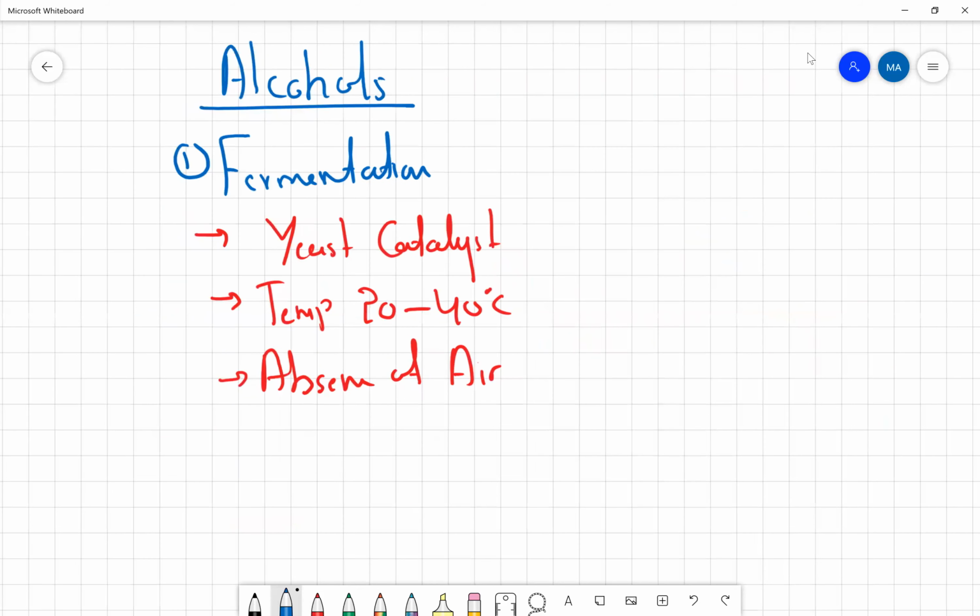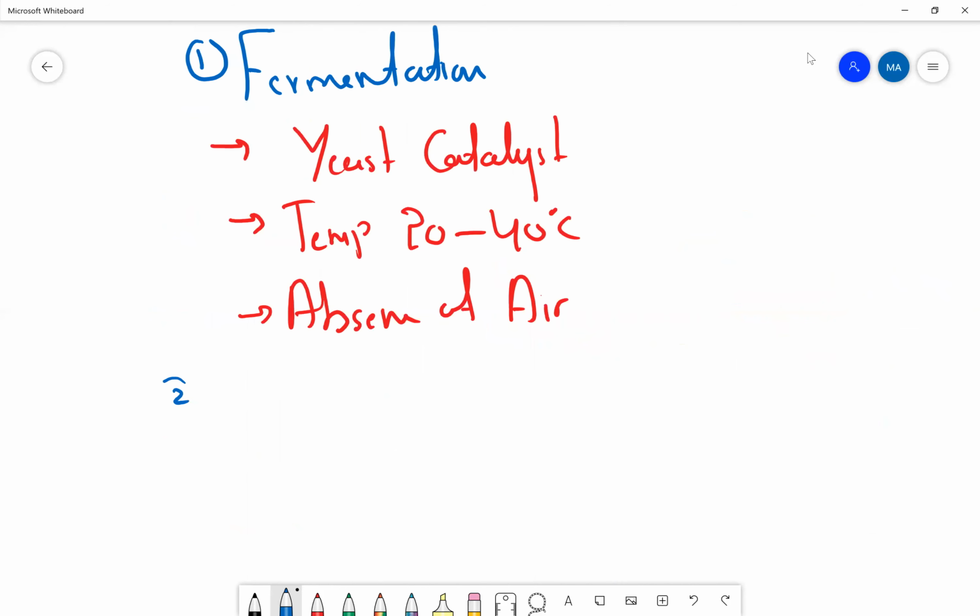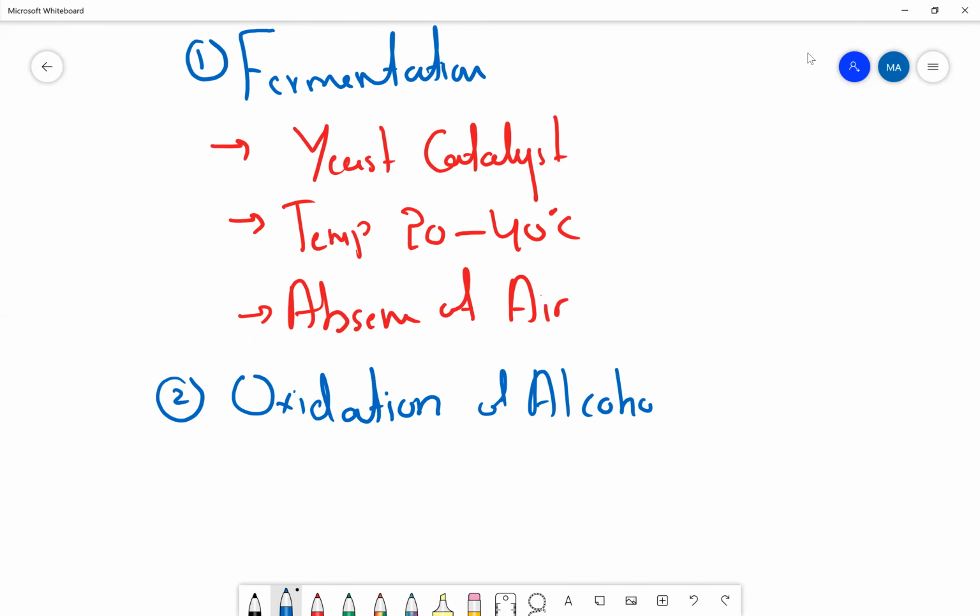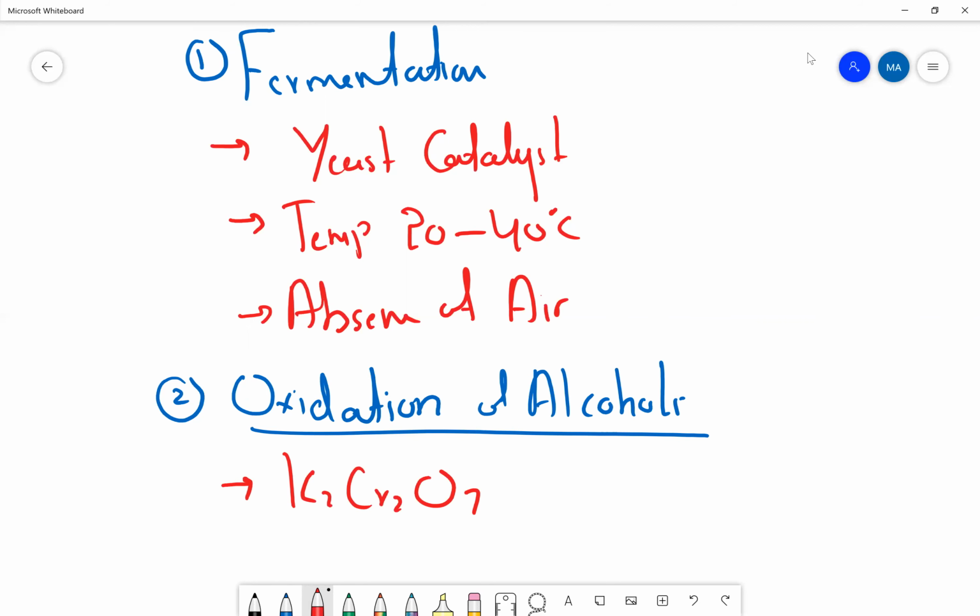All right, the second reaction is the oxidation of alcohols. Because the reaction conditions are the same for primary and secondary, we're going to just write oxidation of alcohols. For both primary and secondary, the reaction conditions are K2Cr2O7, that is the oxidizing agent.